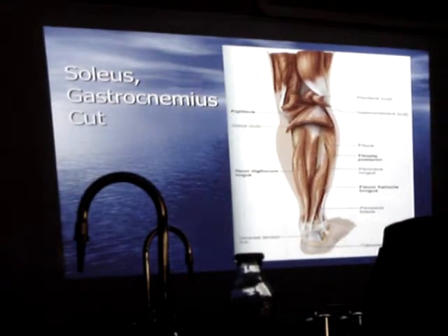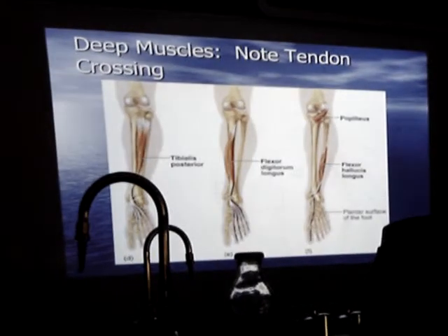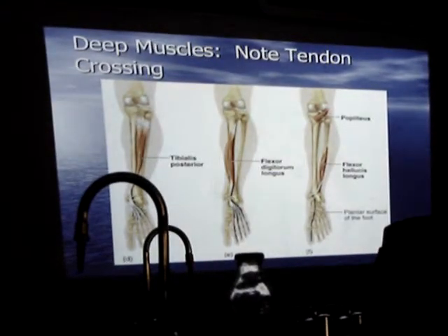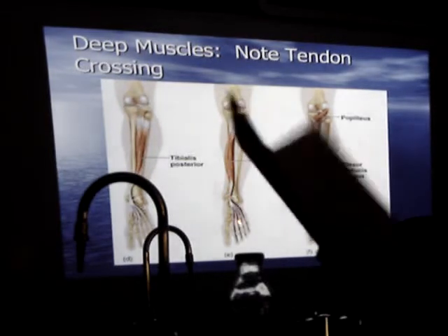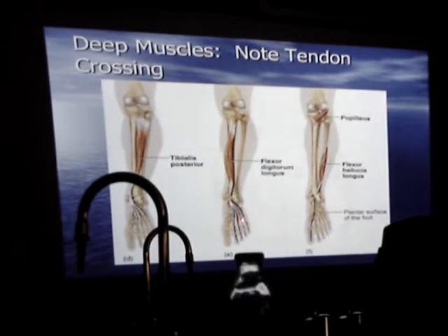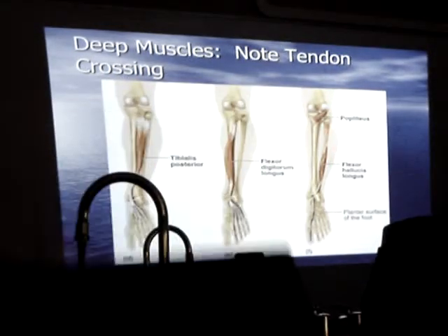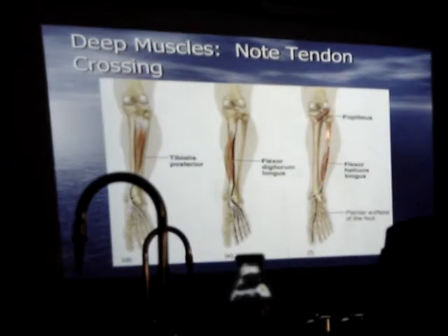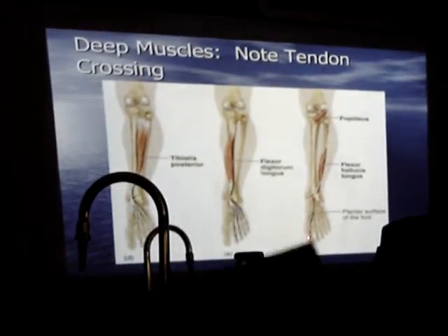Okay. And so there they are, note the tendon crossing, posterior view, tibialis posterior, flexor digitorum longus, crossing to the other side, the contralateral side, flexor hallucis longus, crossing to the contralateral side.